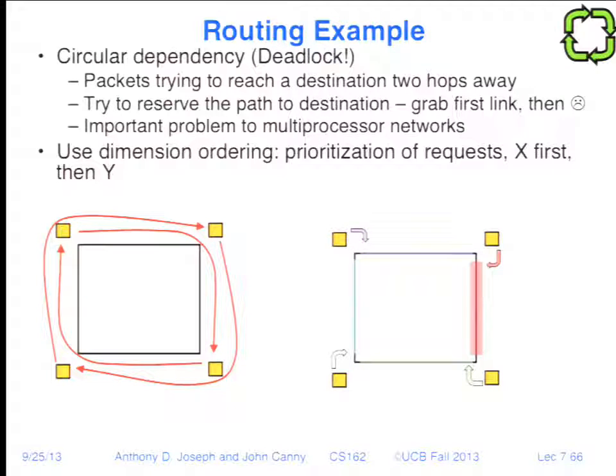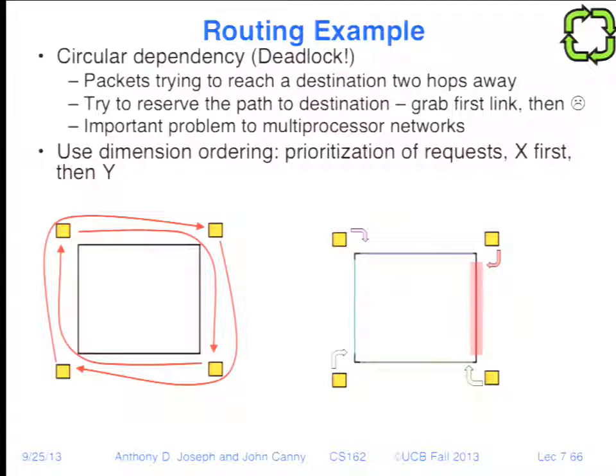But you've got 4 processors, each requesting 2 links. With a simple synchronous request policy where each node requests the first link first, you get a gridlock situation, a deadlock situation here. All right?